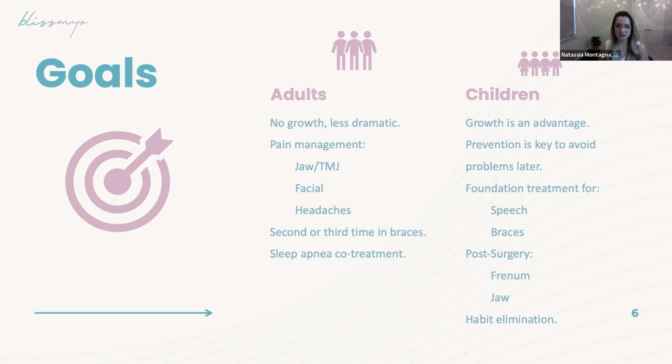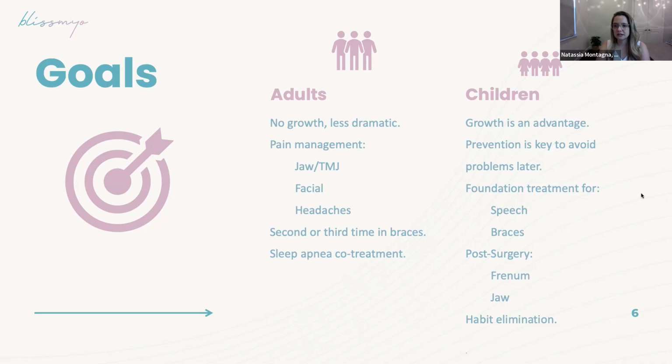We can certainly help these patients with sleep apnea or sleep disorder breathing, help strengthen their muscles of the tongue and the lips and help them breathe better at night. And also we have to look into why are these patients in braces the second or third time, usually because the tongue is not in the right place.